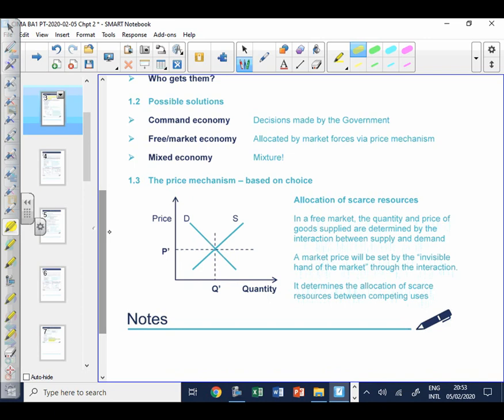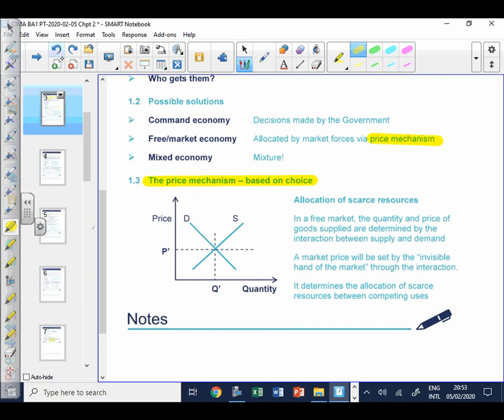So what is this price mechanism that they mentioned over there? Price mechanism is looking at supply and demand. To allocate scarce resources in a free market, the quantity and the price of the goods supplied are determined by an interaction of supply and demand.